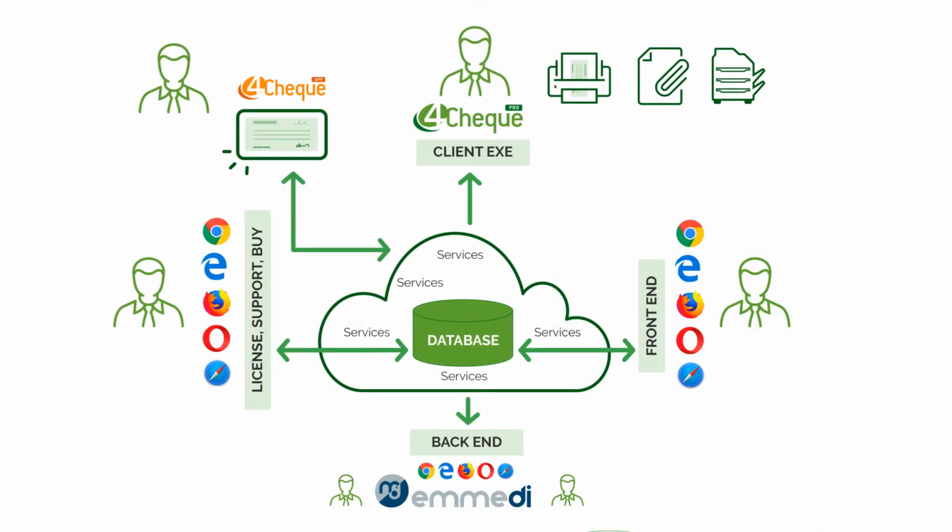As described in this diagram, the 4Cheque Pro system is composed of different modules: web-based application, client PC application, and mobile components, which allow extreme flexibility to be optimally configured according to the different needs of the front desk.